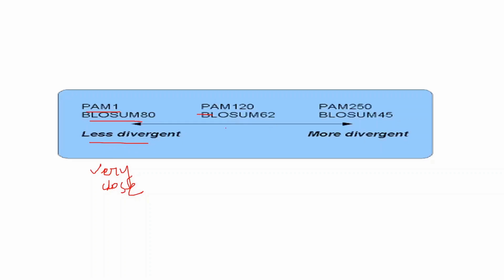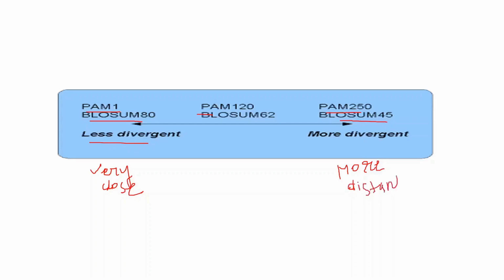But when you go to higher PAM or lower BLOSUM, like PAM 250 or BLOSUM 45, which is a lower value, it means your sequences are more distant.